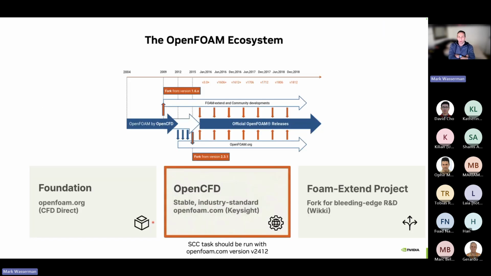So OpenFOAM, as a big and widely used code, has a very vast history. It started somewhere around, I think, the late 80s, like 89, I guess, as an academic code, which was developed in Cambridge, in the UK. And ever since, it grew and was forked several times.